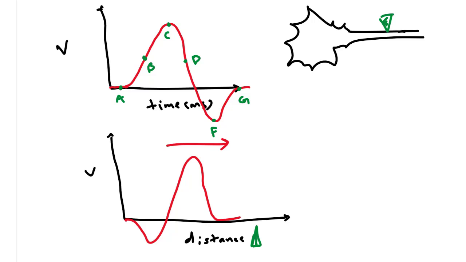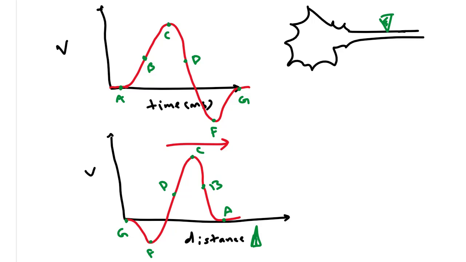Because that's the direction which it's going. It's going toward the axon terminals. Well, this is a mirror image, right? So this would be A, this would be B, this would be C, this would be D, this would be F, and this would be G.